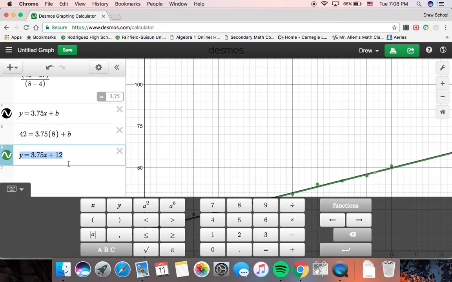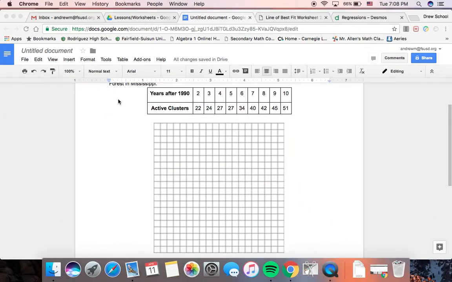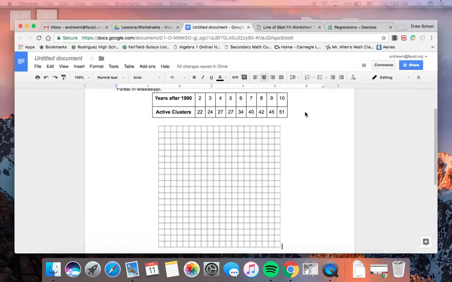And now we can use this line to predict how many clusters there would be if we were looking for the year 2020. Let's see, 2020 would be 20 years. Nope, 30 years. 30 years, so we can use our equation.